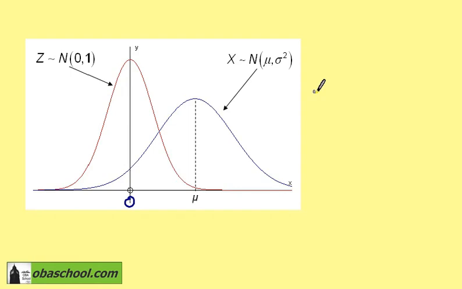For any other normal, we need to transform it so that we can use our standard normal tables. We need to move the curve so that its mean is at 0. So z is going to be x take away mu. This transformation will move the blue curve so that its mean is at 0.